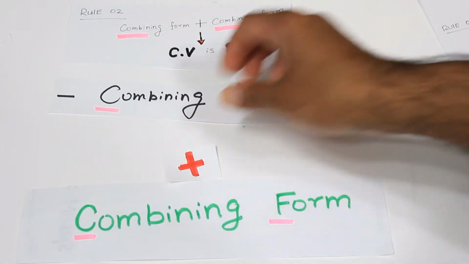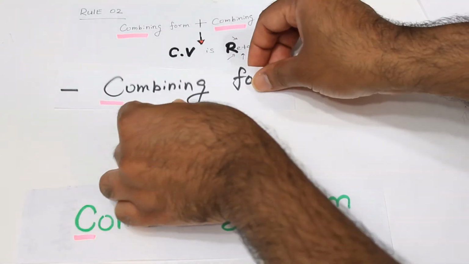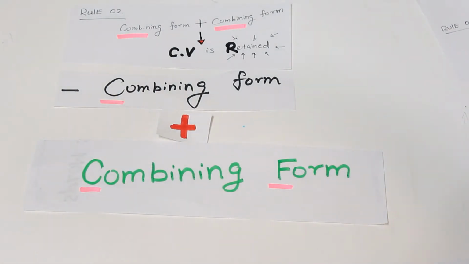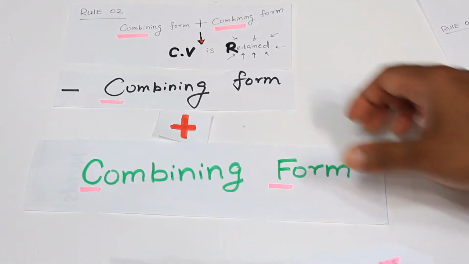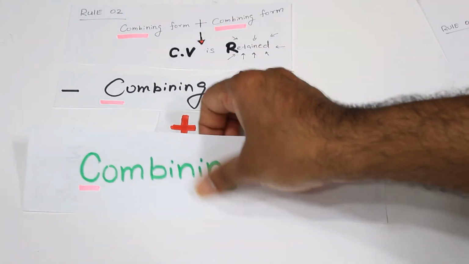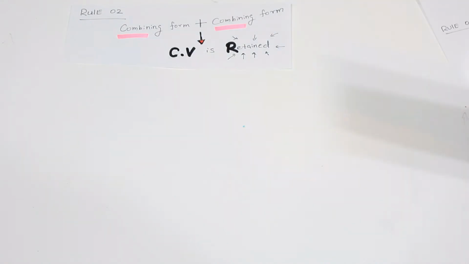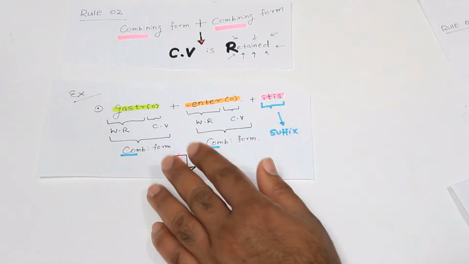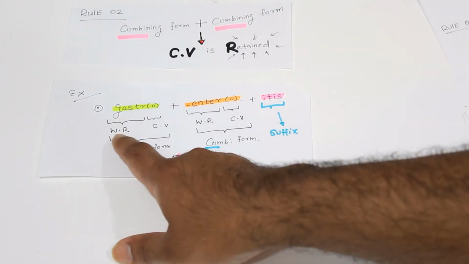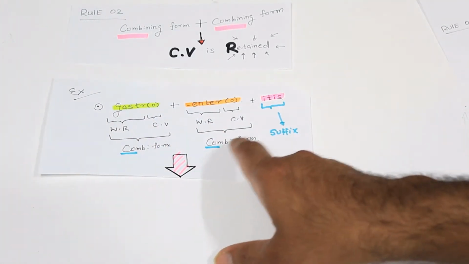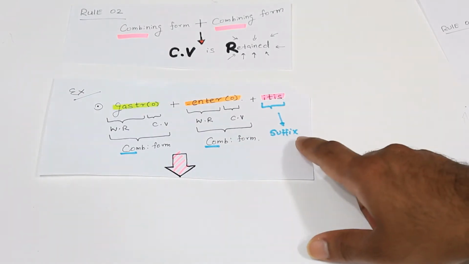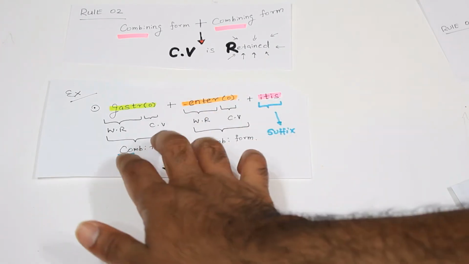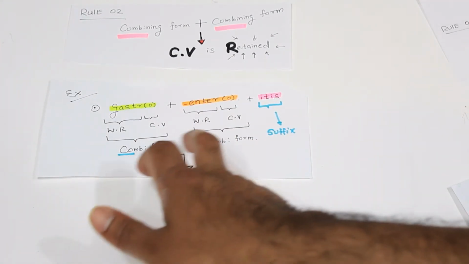Okay, let's take an example. Combining form, combining form. Our basic idea is a combining form joined with a combining form.